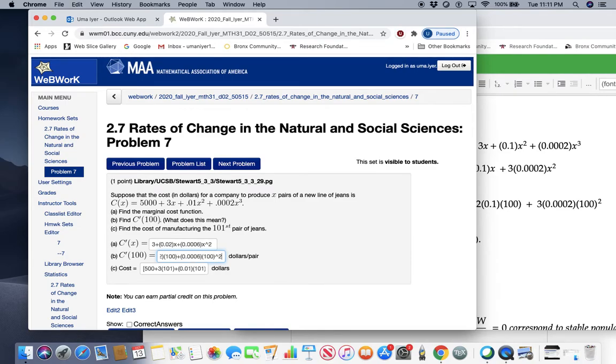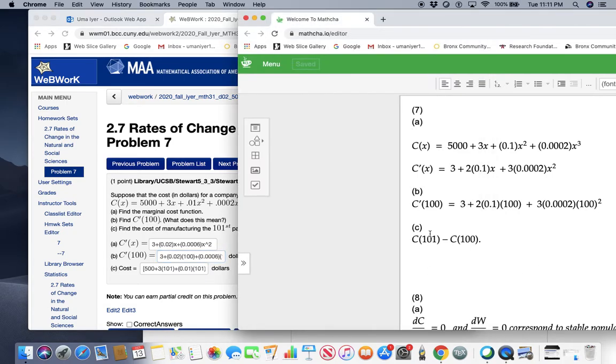Okay. All right. Now what about the cost? Find the cost of manufacturing the 101st. The cost of manufacturing the 101st pair of jeans is the cost of manufacturing 101 jeans minus the cost of manufacturing 100 jeans.